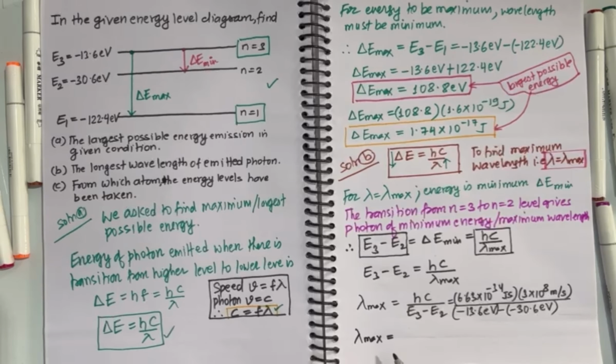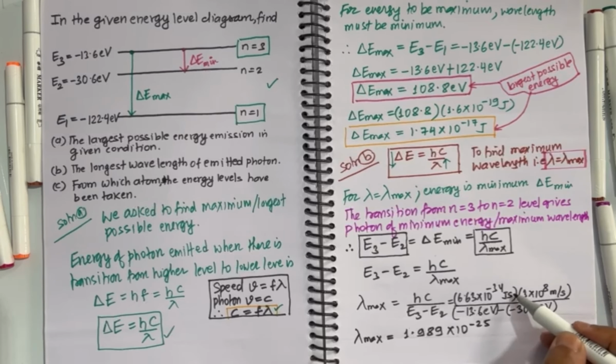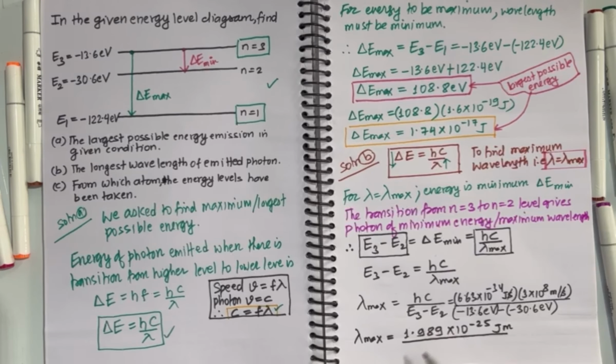Therefore we can write lambda max equals, when we find the product in the numerator, 1.989 times 10 power minus 25. The seconds cancel out, and we get joule meter, and at the denominator we get 17 electron volt.